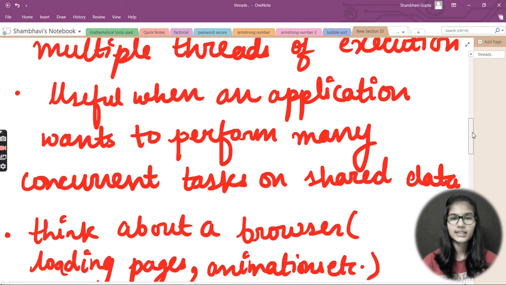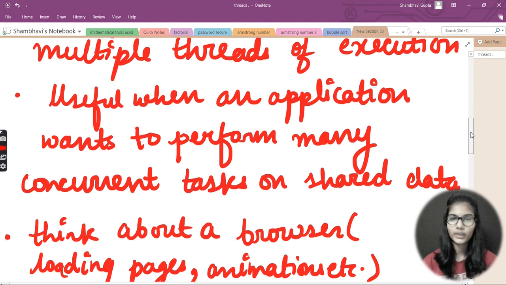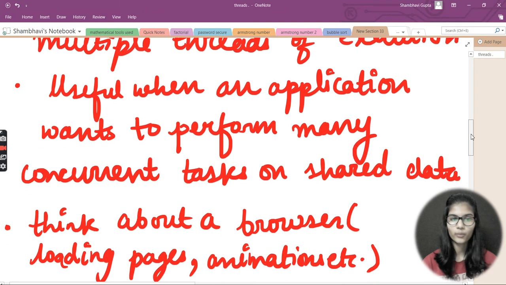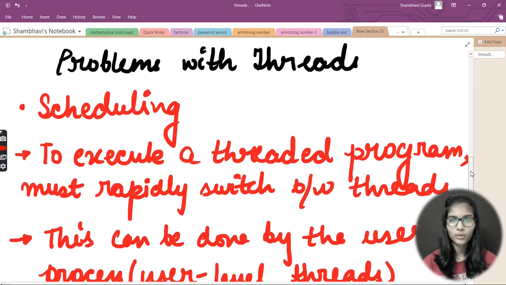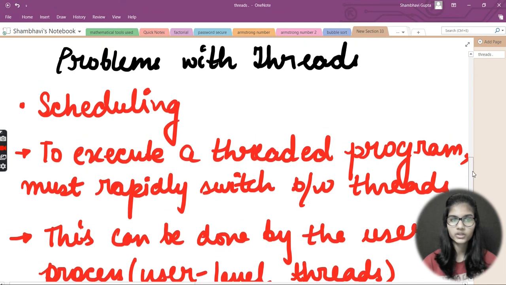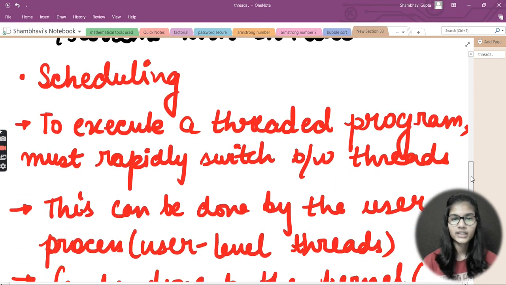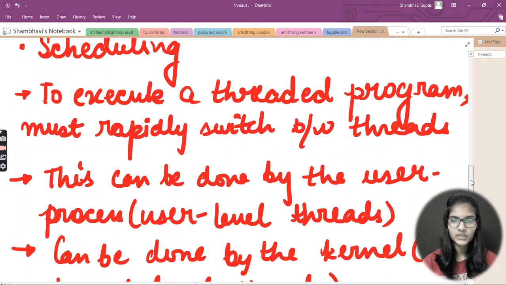Other than that, we had seen when threads are actually used. What's the use, right? They are useful when an application wants to perform many concurrent tasks on shared data, and we even saw what we meant by many concurrent tasks on shared data, right? After that, the first problem with threads was scheduling. To execute a threaded program, we must rapidly switch between threads.